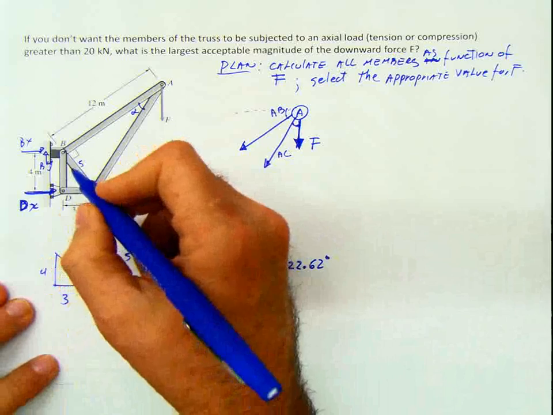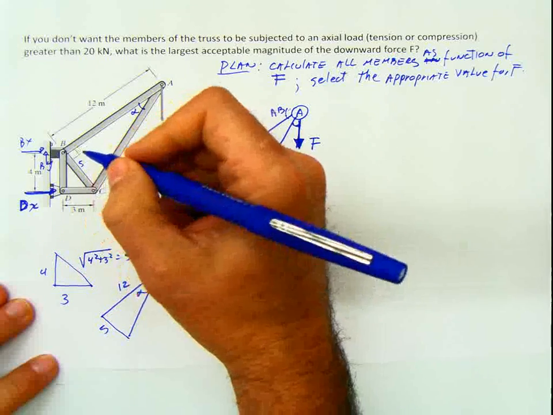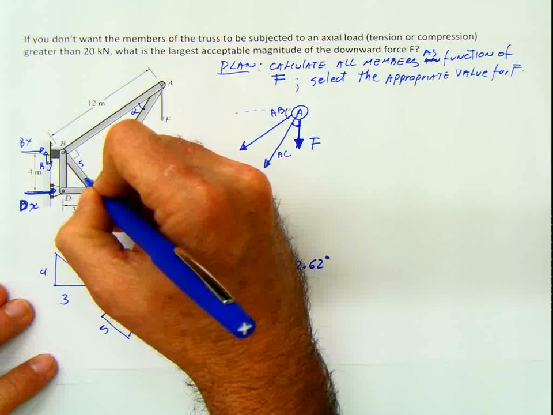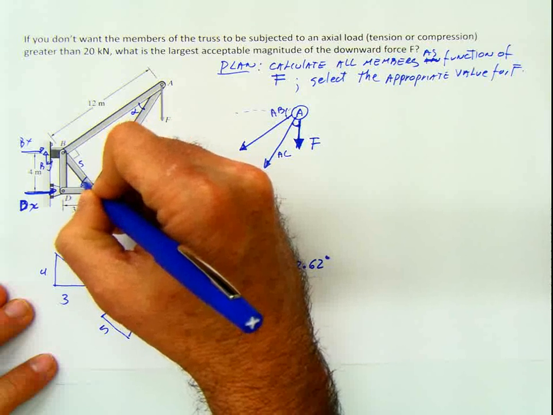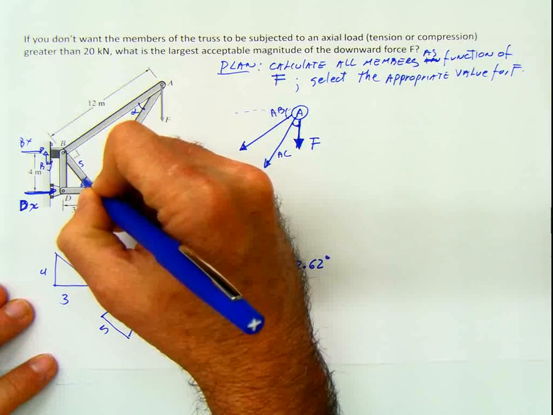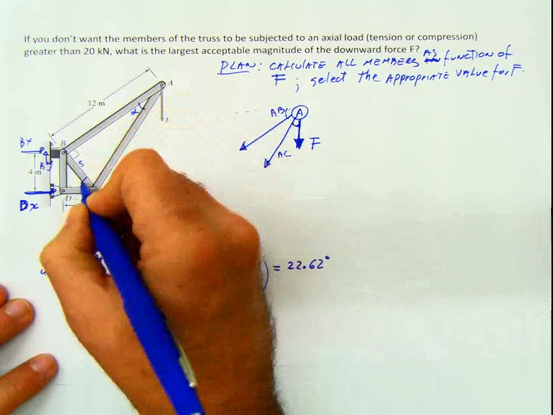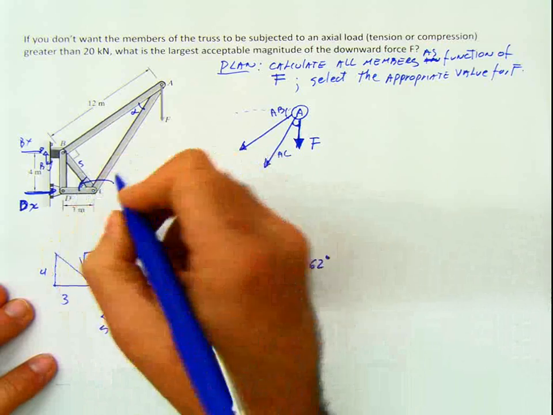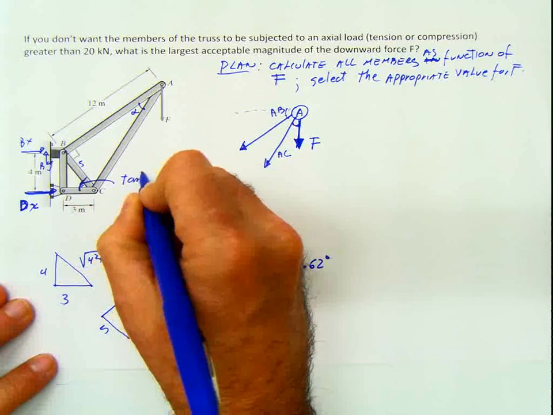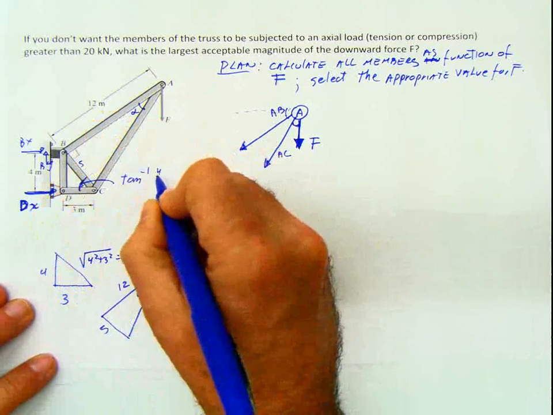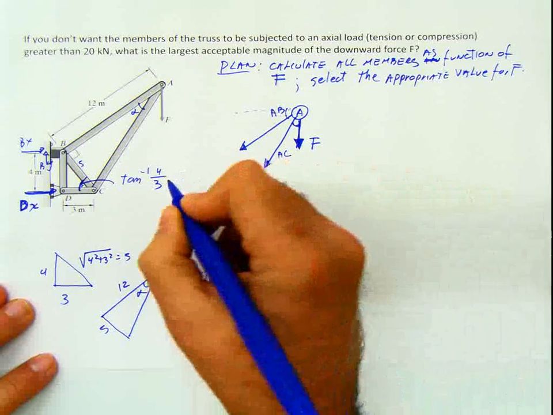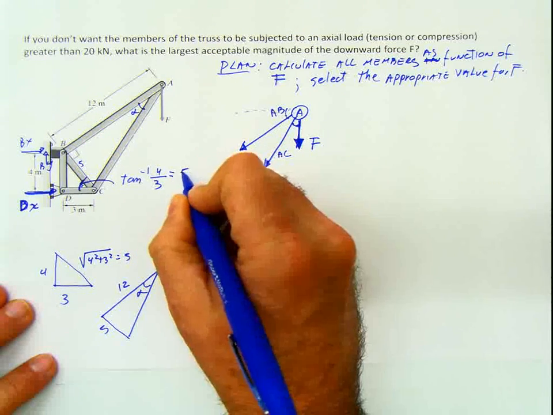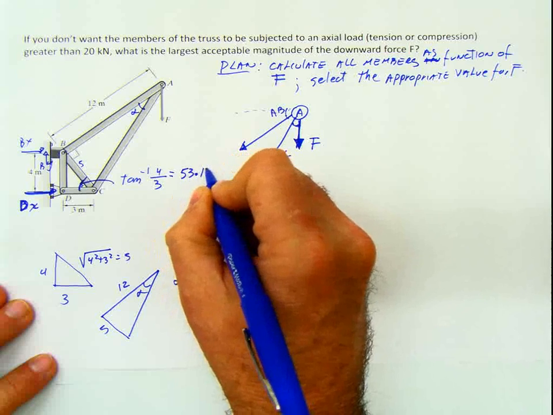Let me see now. What else can we do here? I can calculate this angle here. Yes, I can. Do I need that angle for anything? Well, let's think. This angle here is going to be inverse tangent of 4 divided by 3. That means that angle is going to be 53.13 degrees.